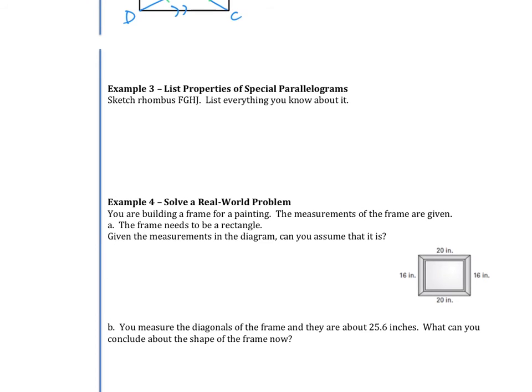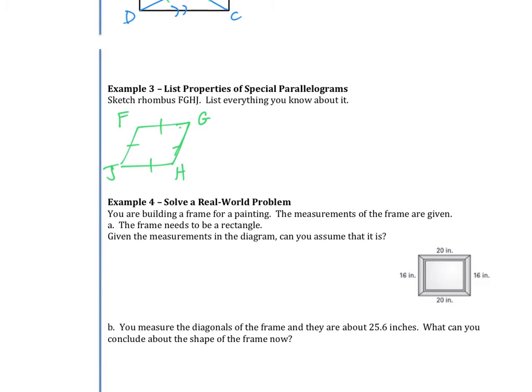Okay, example 3. Sketch a rhombus FGHJ. List everything you know about it. So we're going to sketch it. FGHJ. A rhombus has 4 congruent sides. Let me fix this.